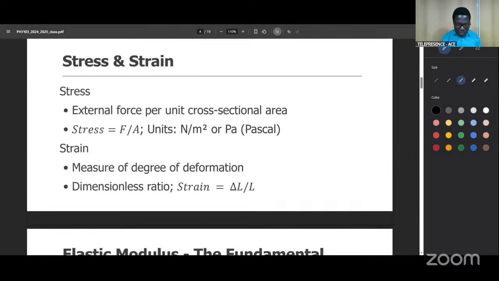Today is just an introduction to the topic. We've talked about elasticity. What is elasticity all about?